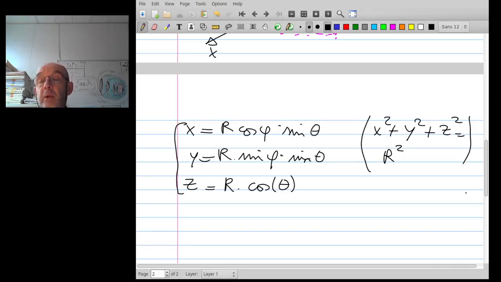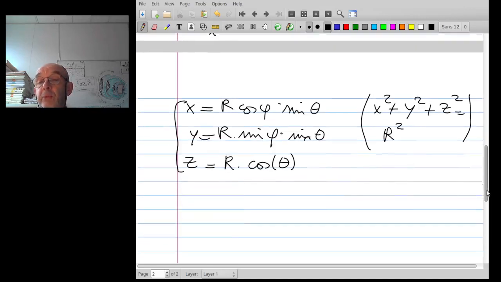And then what can you do with your radius? It is always greater or equal to 0, or I can also say greater than 0, then the Jacobian will never be 0 if the radius is 0. But okay, let's do radius greater or equal to 0.